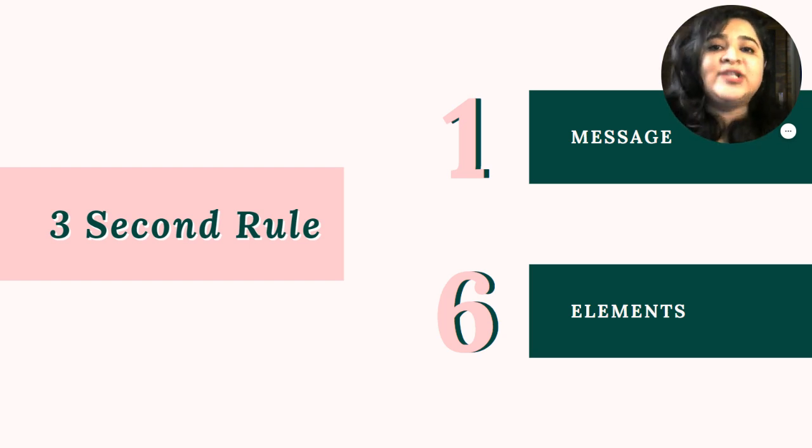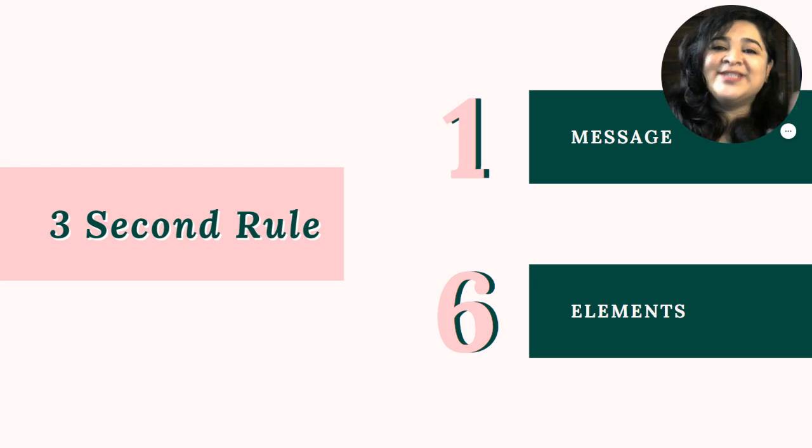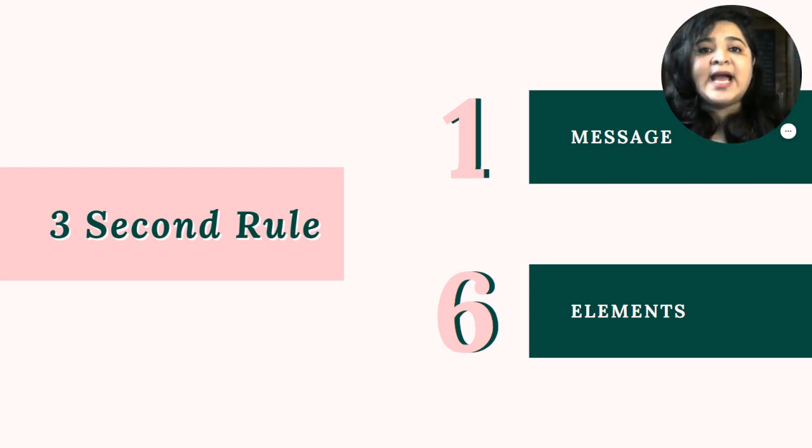And that's what each and every slide is supposed to do. Single message, and that message should not have more than six elements. Elements include text, images, videos, any other piece of graphics that you have on the screen. Everything included, not more than six elements, and all those elements should reiterate your main message. I hope that point was clear for you.